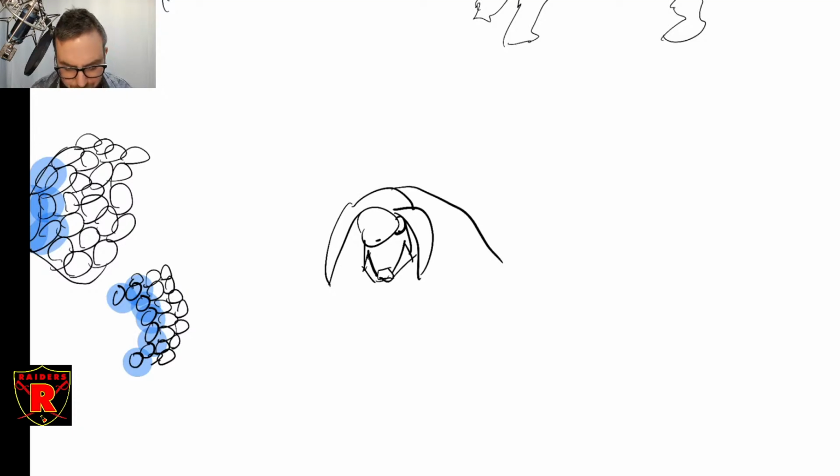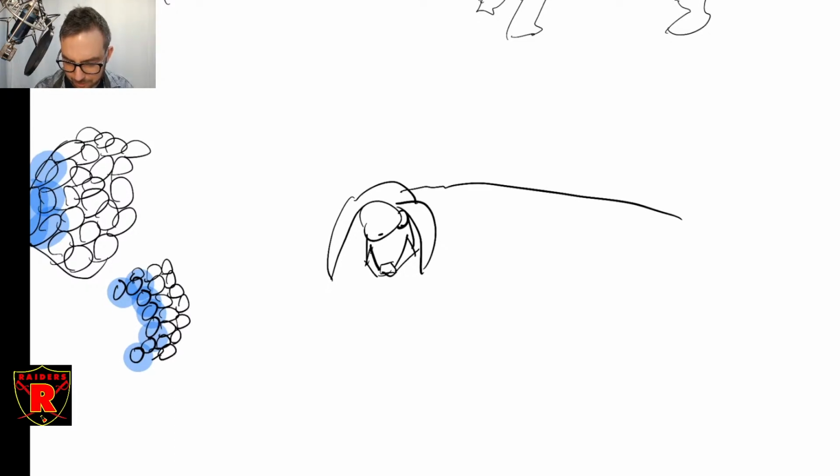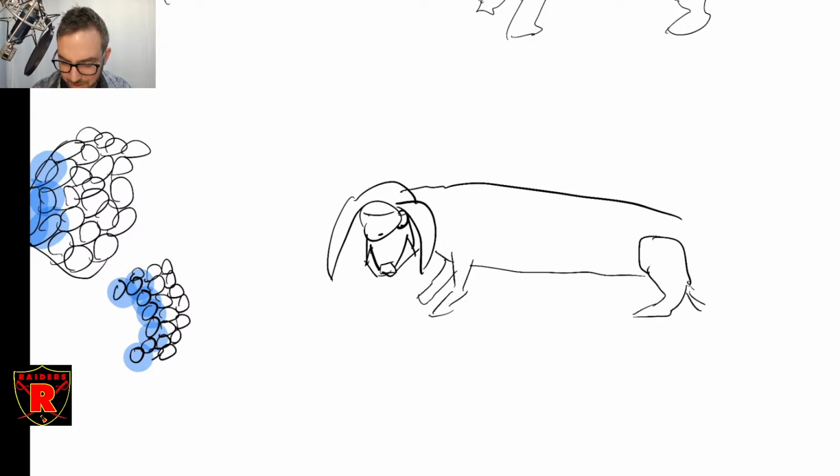That is an absolutely hideous dog. Sorry. This is like some kind of a dachshund. I don't know what happened here, guys. Okay, here we go. Dog.